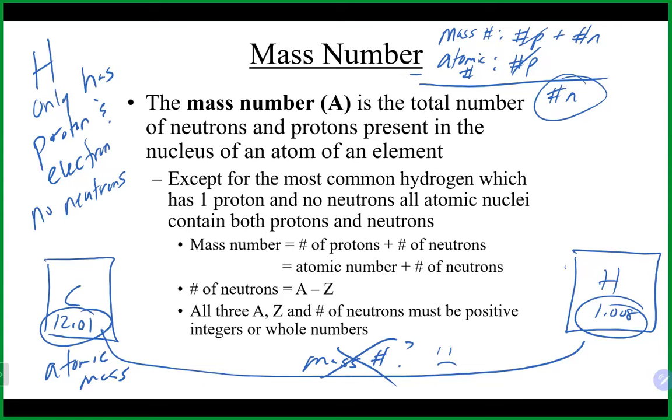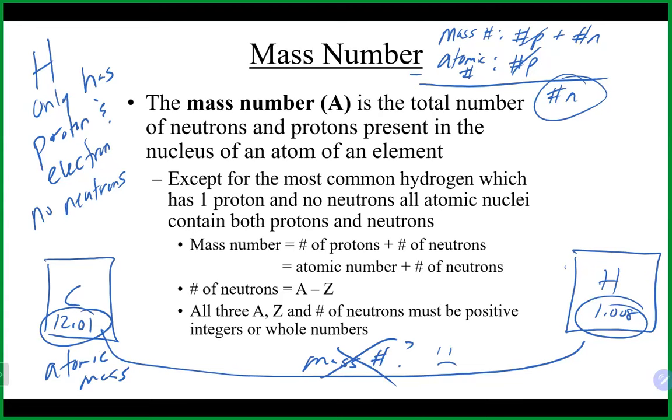What confuses people very commonly is that the mass number and the atomic mass you see on the periodic table are very close numbers. So people think, oh, they must have just rounded the number, and that's why it's a whole number. They are actually not just rounded versions of each other. They are different. They are made up based on the same kinds of things: protons, electrons, and neutrons.